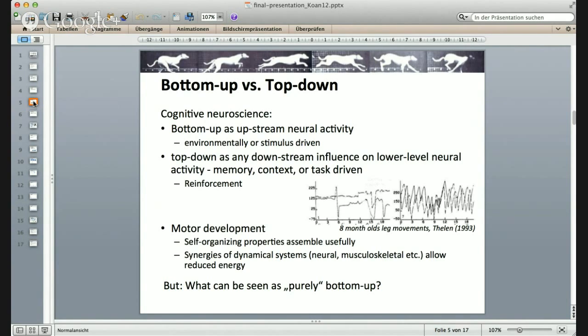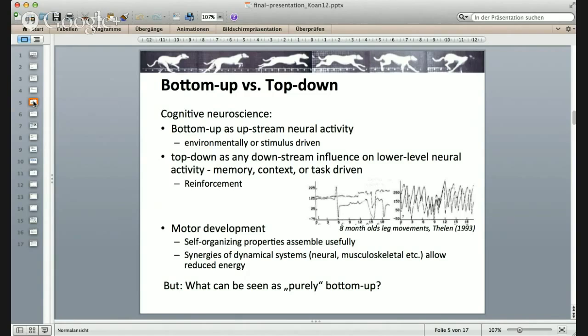So first, we wanted to relate to a definition from cognitive neuroscience, and there, bottom-up processes are defined as upstream neural activity that is environmentally or stimulus-driven, and those upstreams might be modulated by top-down, which is provided internally by memory, context, or also task-driven, or the cognitive idea of the task.